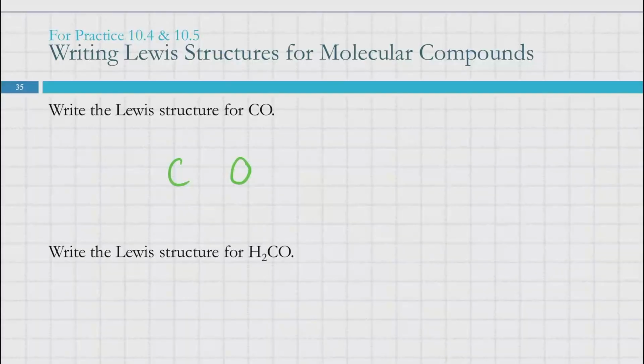So we'll write it in, CO, and then we need to figure out how many valence electrons we have. We've got carbon, we've got one of them, we've got oxygen, we've also got one of those. How many valence electrons does carbon have? It's in group 4A, or 14, so it's got 4 valence electrons.